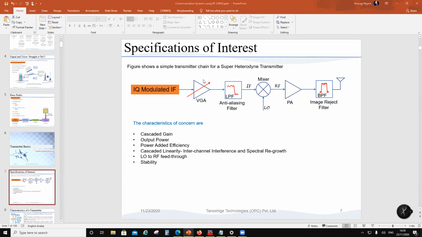Now, if the LO leaks into RF and comes back, it mixes with itself and gives a DC component which varies, right? So this can cause DC wandering. So all these mixer related issues come in, like LO to RF feedthrough and all that stuff. And then the most important part is the stability, right? So this is what I will look at when I look at a transceiver.